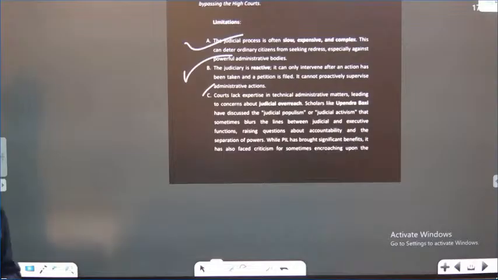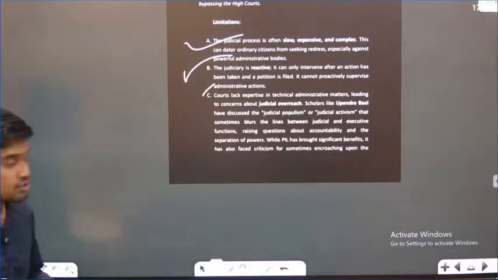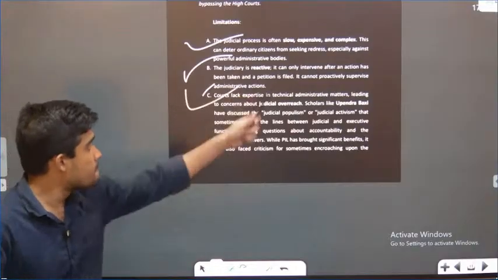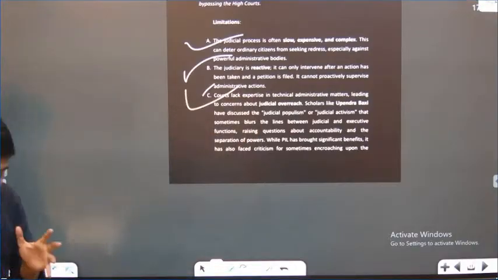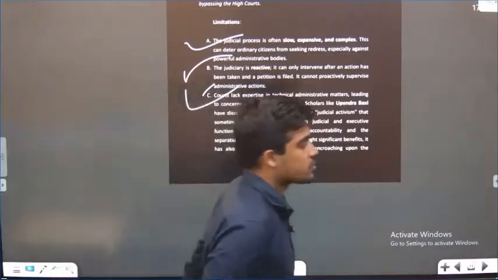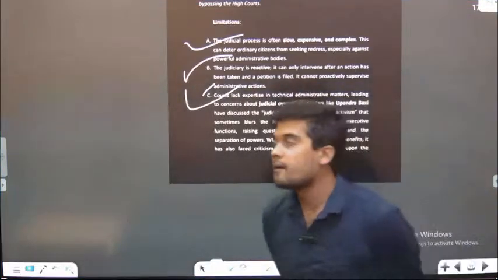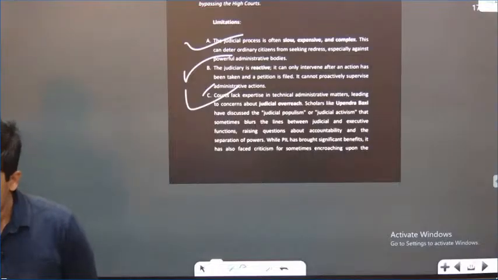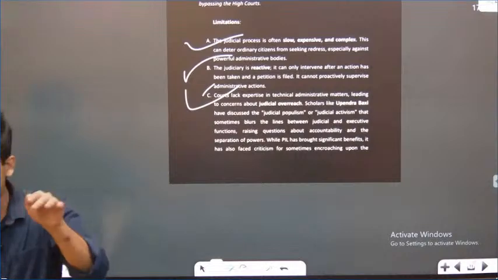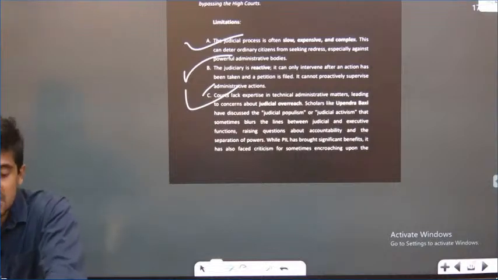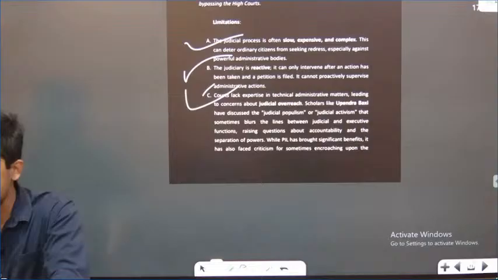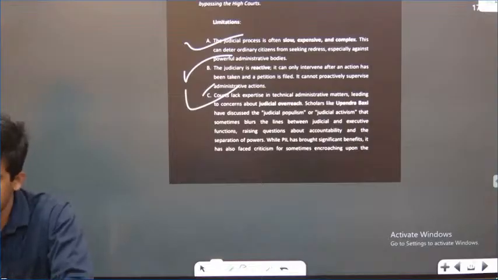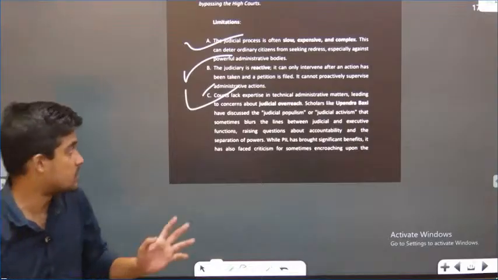So, on an everyday basis, how do you ensure accountability? That's a challenge when it comes to judicial control. Similarly, the judiciary lacks expertise to instruct the administration how to do their job, because they are not policymakers. Similarly, they have never been a part of administration. So the judges lack expertise of how administrative work is done, how the administration of the country is run.